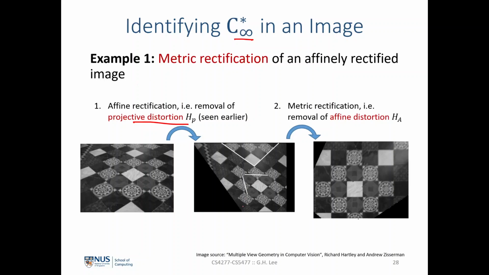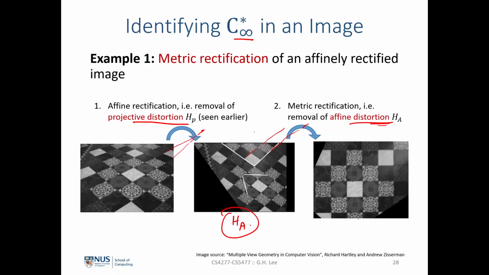This means that this is left with an affine distortion here. So we are going to now identify this and remove this distortion. We have seen earlier that after the projective distortion removal, we will turn lines into parallel again. Here, because of the projective distortion, we can see that parallel lines meet at a certain finite point.